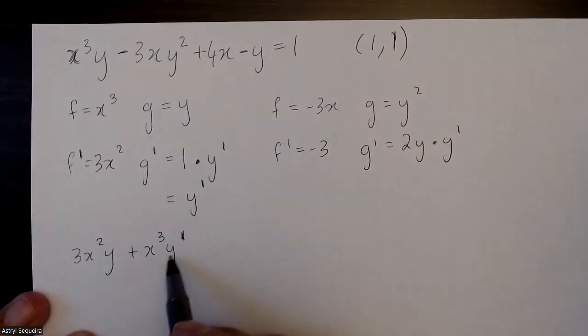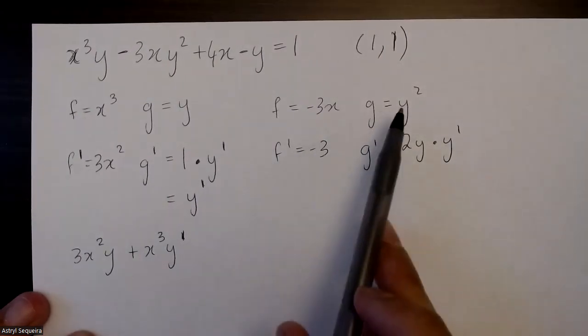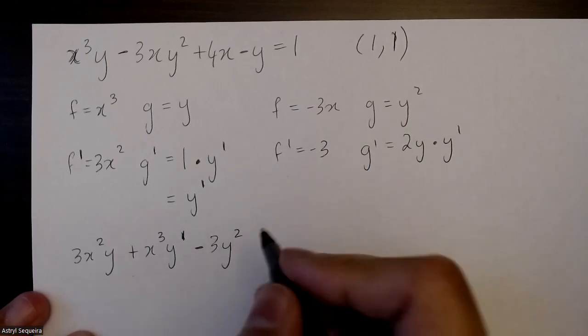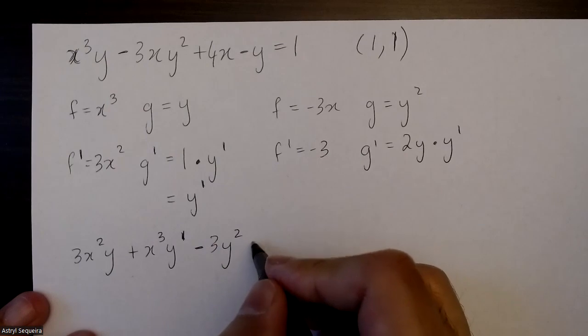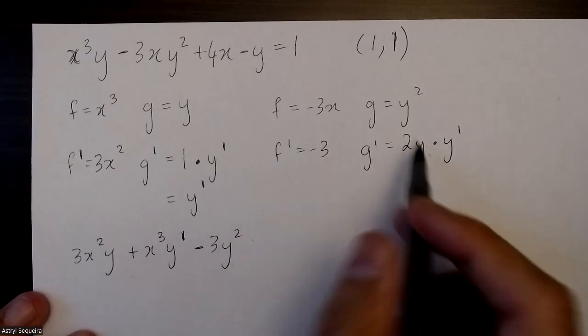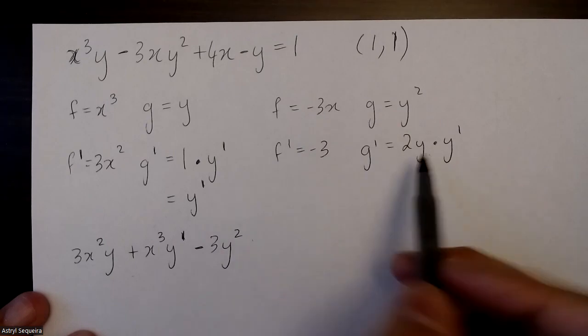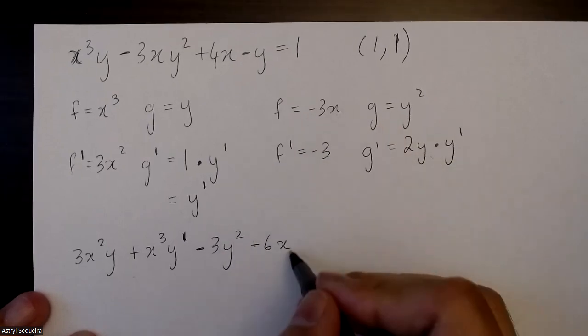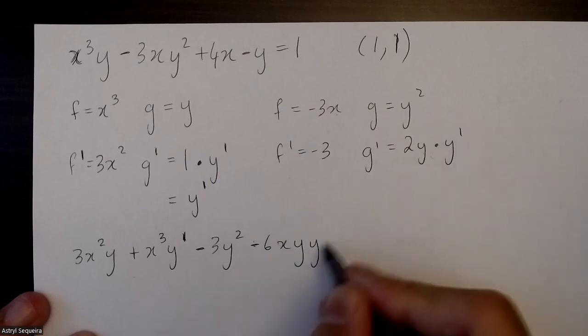So now I can combine this over here. f prime times g is negative 3y squared plus g prime times f. So negative 3 times 2 is negative 6. And then I have x and then y and then y prime.